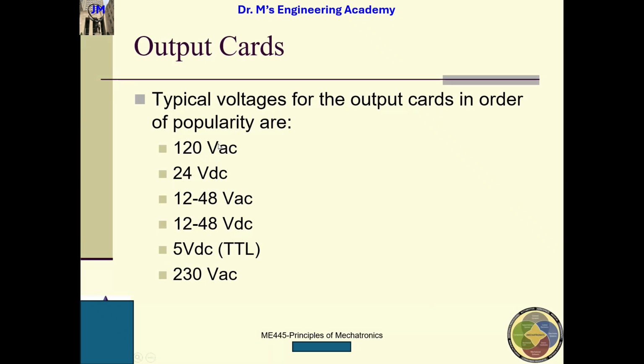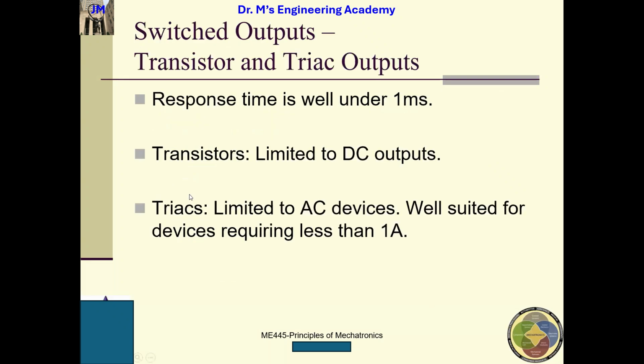If some guy wants to argue with me, in the US 110 is a common one. 120 and 110, we're talking about the same thing. They are not exactly 110 or exactly 120. That's the reason for the little argument. Questions so far?